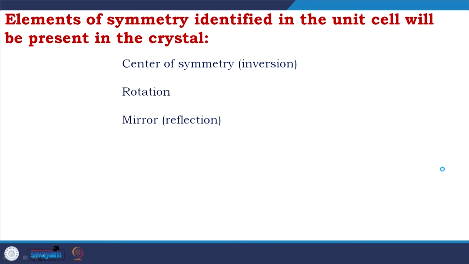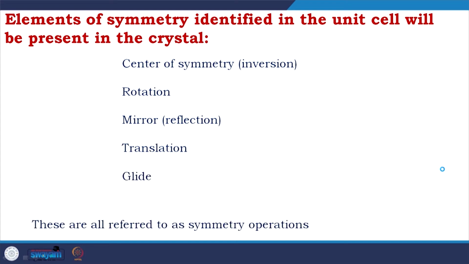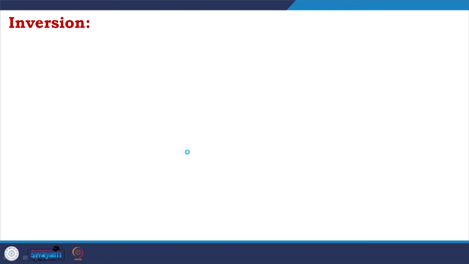Rotation, mirror, which is reflection, we will talk about them. Translation, translation is movement, and glide, which is a combination of reflection as well as translation. So, they are all referred to as symmetry operations.